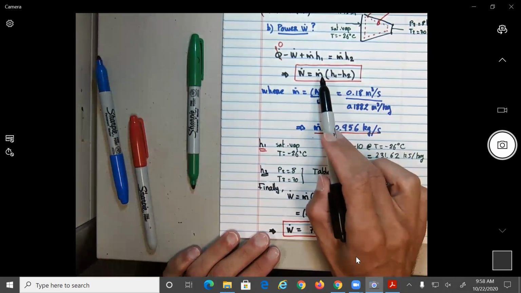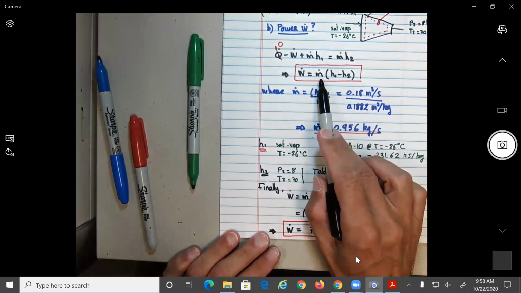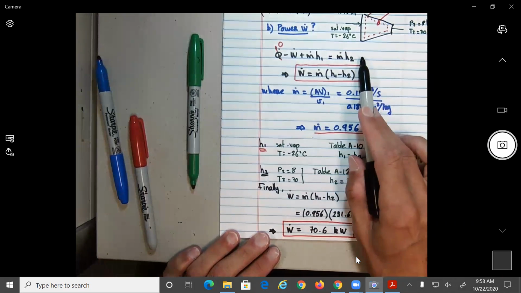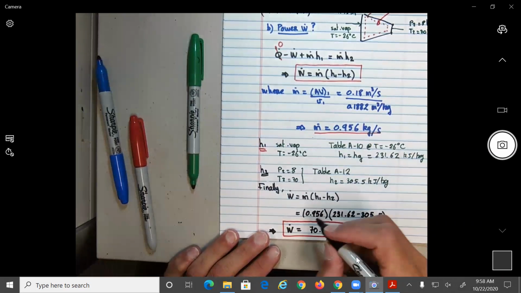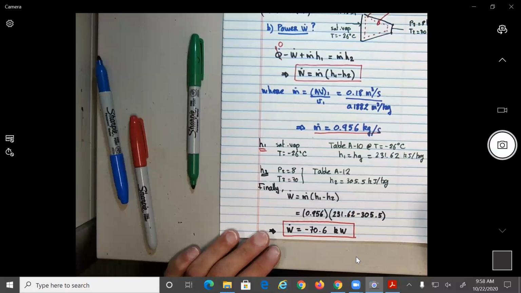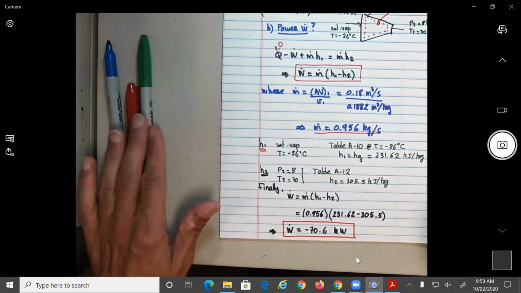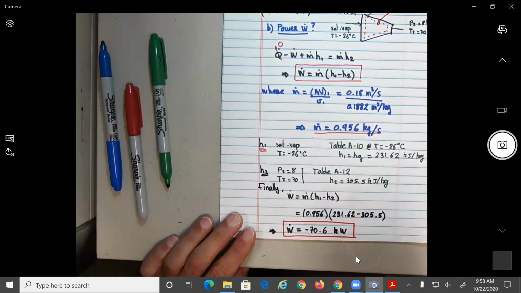Okay, let's see here. Let's see if I made a mistake. M, I move this one to the other side, would be H1 minus H2. Okay, yeah, that is correct. So why is that correct? I was just thinking about the sign.